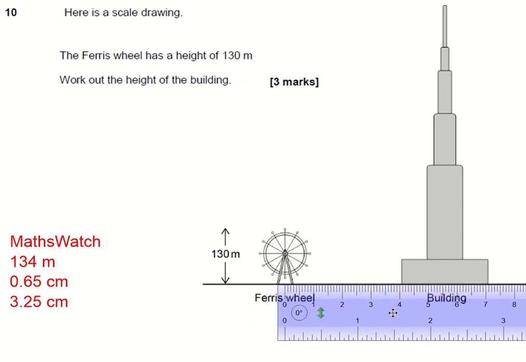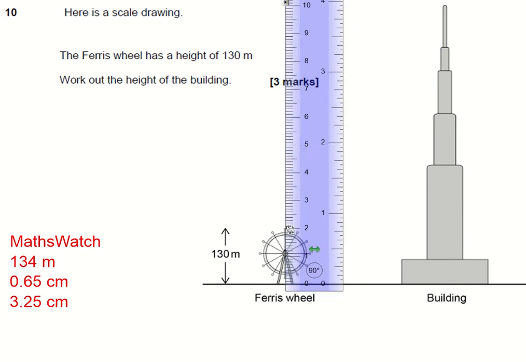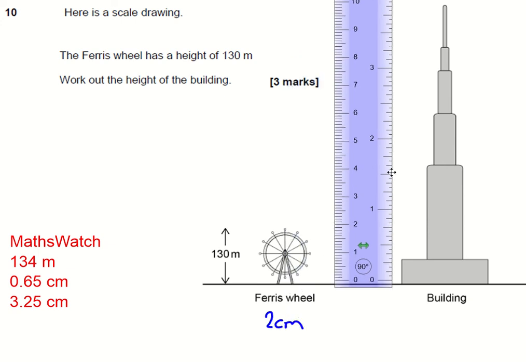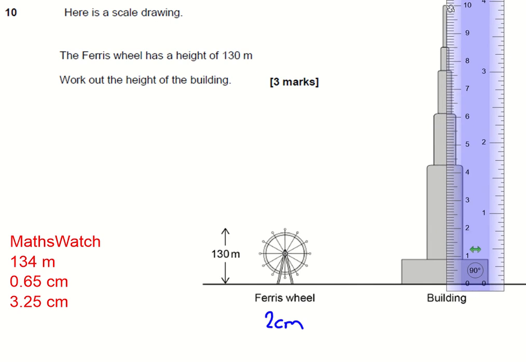So, if we measure the Ferris wheel, it is 2 centimetres tall. The building, on the other hand, if we measure that, is 10 centimetres tall.